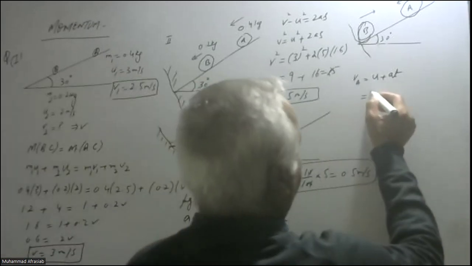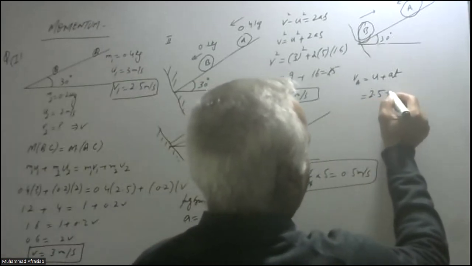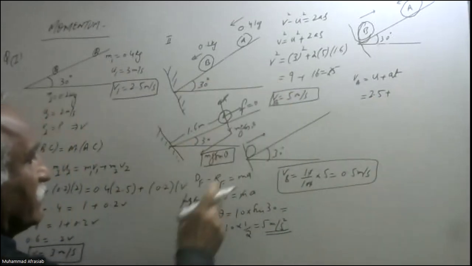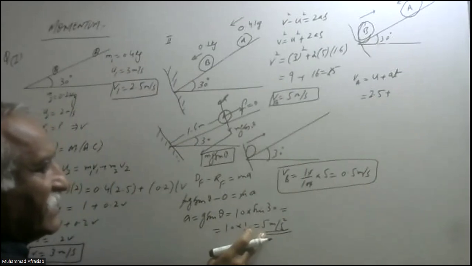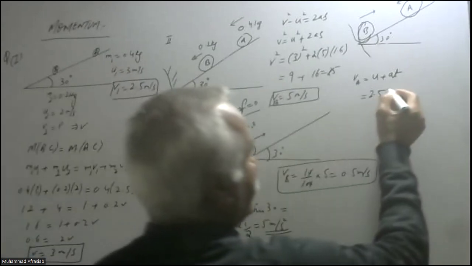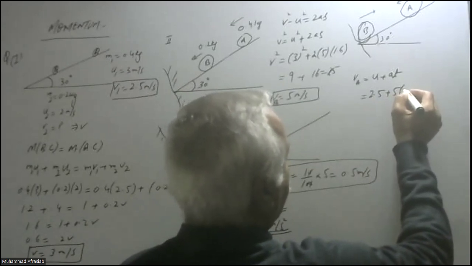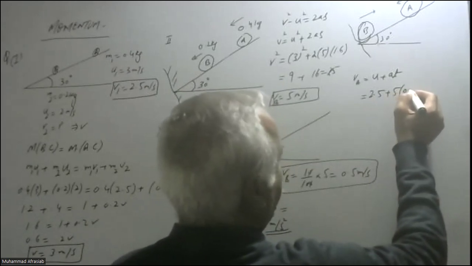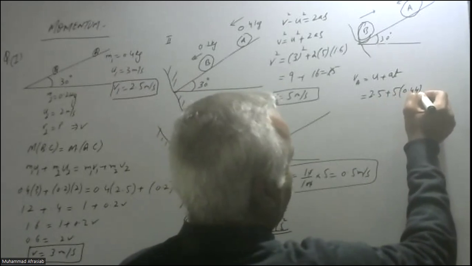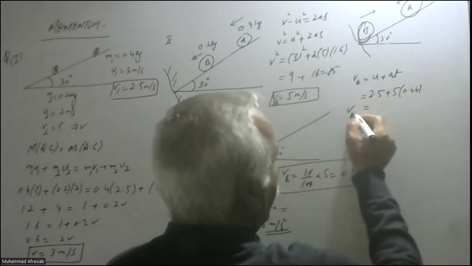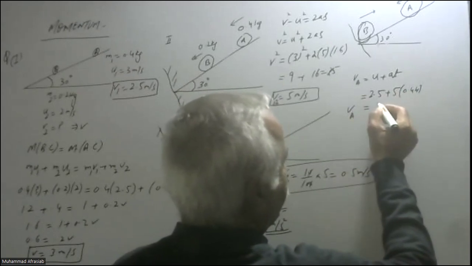So it is 2.5 plus the acceleration we have calculated, because it is coming downward. The same equation will be used, and that is equal to 5 times the time it has spent, which is 0.44 seconds, given in the question.